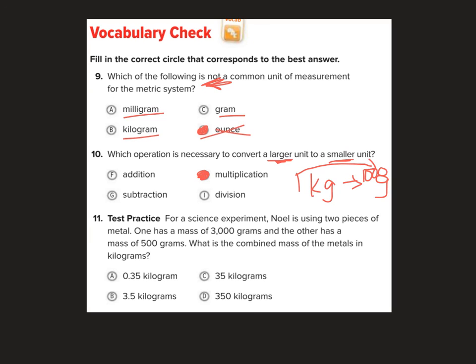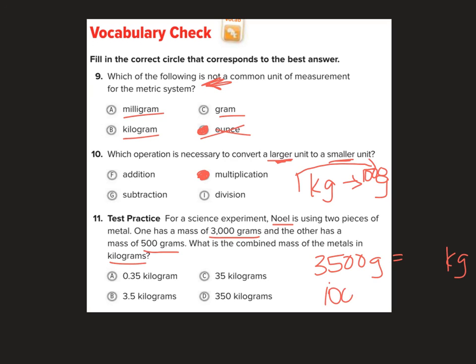Okay. For a science experiment, Noel is using 2 pieces of metal. One has a mass of 3,000 grams. The other has a mass of 500 grams. What is the combined mass of the metals in kilograms? Okay, so I have 3,000 plus 500, so 3,500 grams equals how many kilograms?